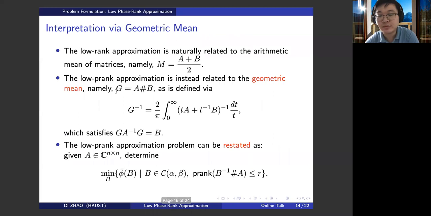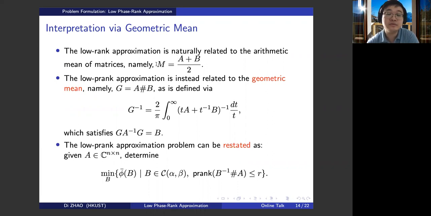Another reason is that we can interpret the problem from another perspective, like the mean of matrices. Several means can be defined for matrices. The simplest one is the arithmetic mean, which is closely related to the low rank approximation problem. For matrices A and B, the arithmetic mean is defined as the sum of A and B over 2.